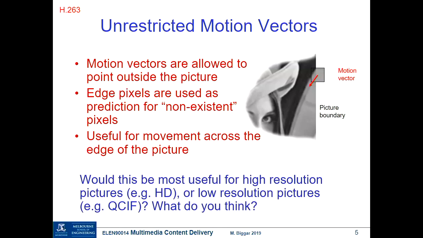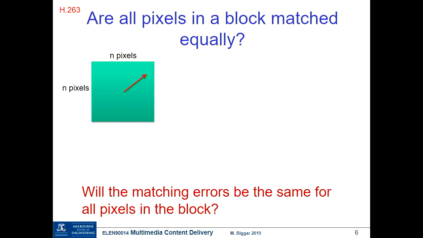Okay, anyway, interesting additional tool. And another interesting additional tool is this one, whose name is overlapped block motion compensation. And don't be frightened by the name, we'll investigate where this comes from.